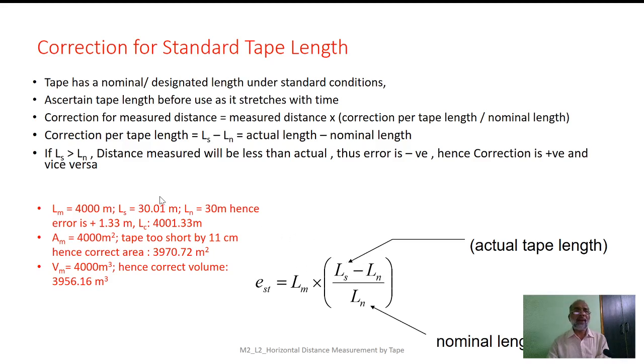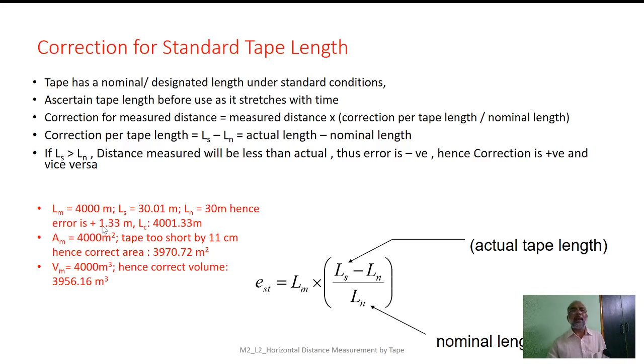I have given one problem here for your reference. Say for example, the measured distance is 4000 meters and the actual tape length, when compared with the reference, was found to be 30.01 meters, whereas its nominal length is 30 meters.